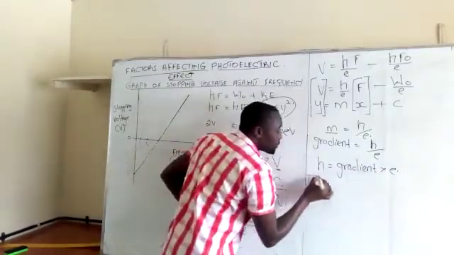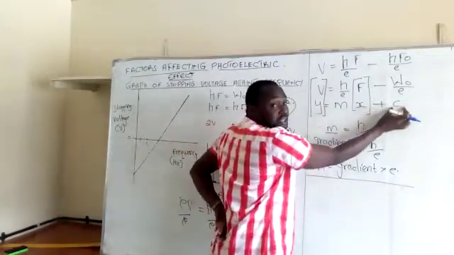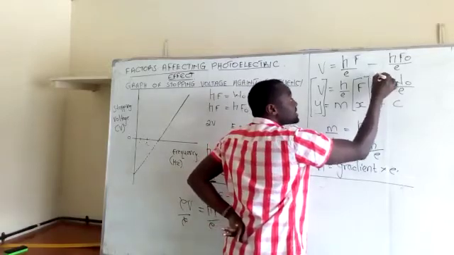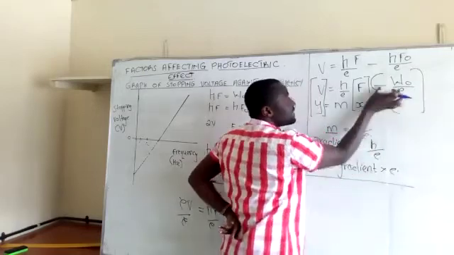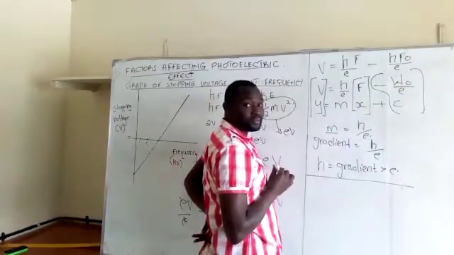Look at the y-intercept, the c. The y-intercept will give us the negative of the work function over e.